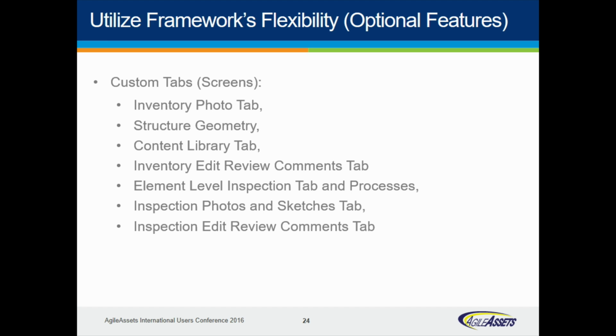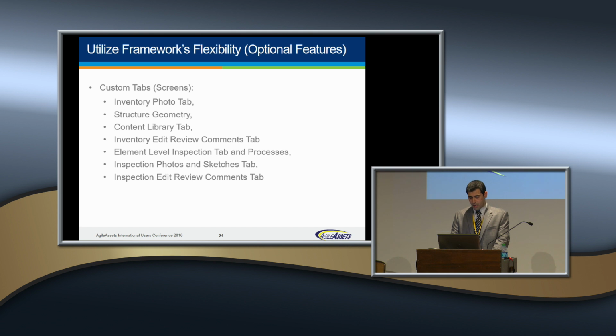As you saw, for example, the inventory photo tab can be removed and easily replaced with our general attachment functionality. Structured geometry, again, really depends on the organization's needs. Content library, you can look into it to make the design lighter.